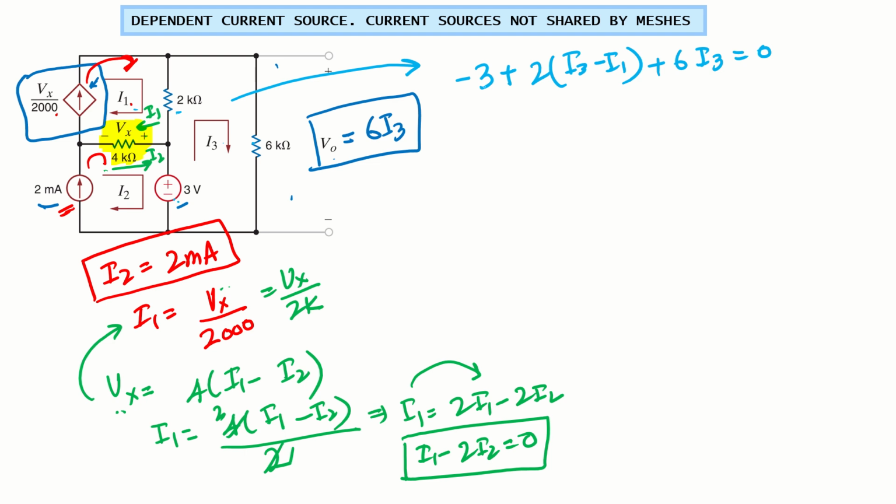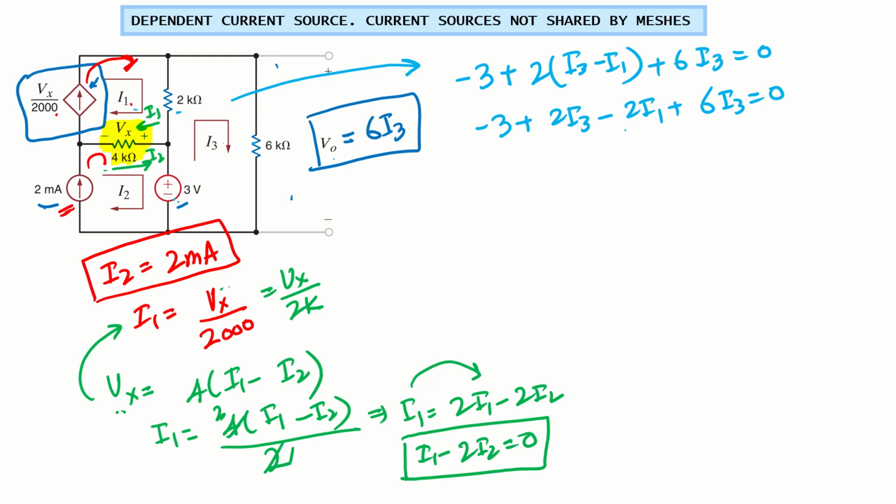Let's rearrange it. What we will get here is minus 3, 2 times I3 minus 2 times I1 plus 6 times I3 is equal to 0.